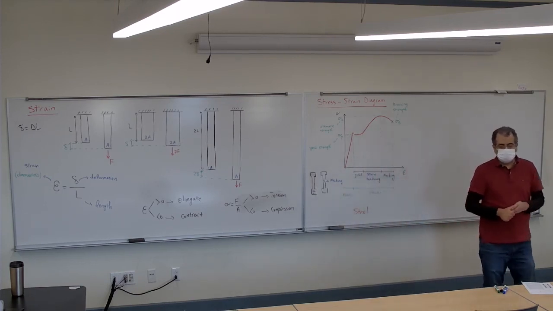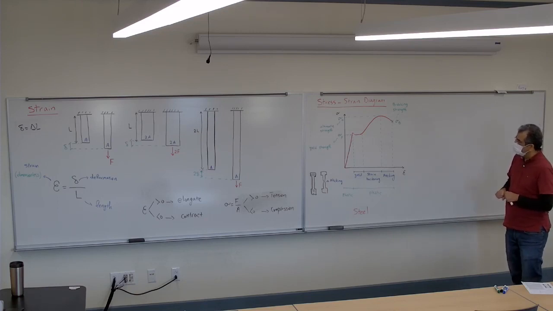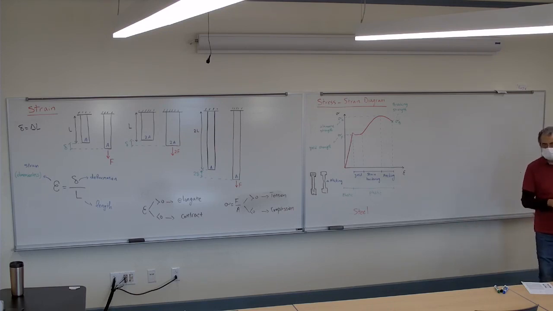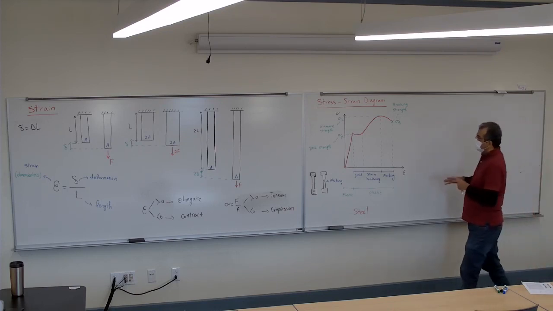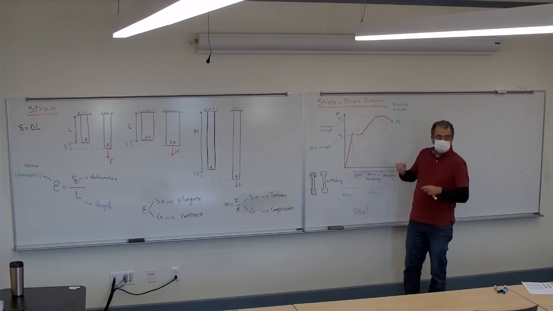This is the breaking diagram of the steel. Where we want to be as engineers is usually right here. We don't want to get into any plastic part of the diagram.